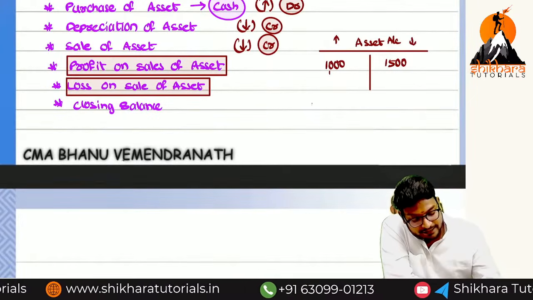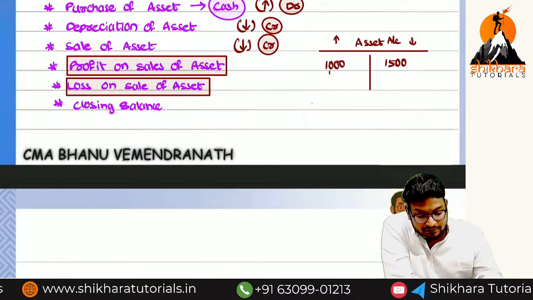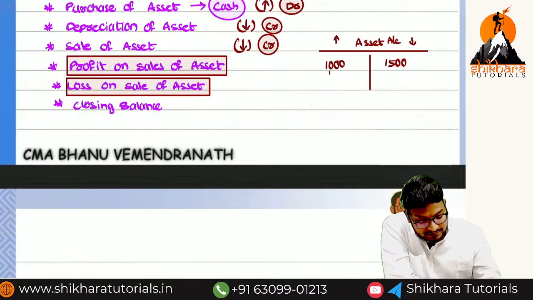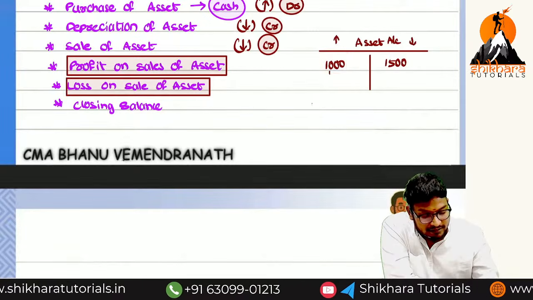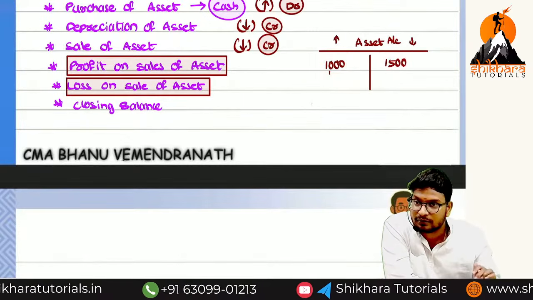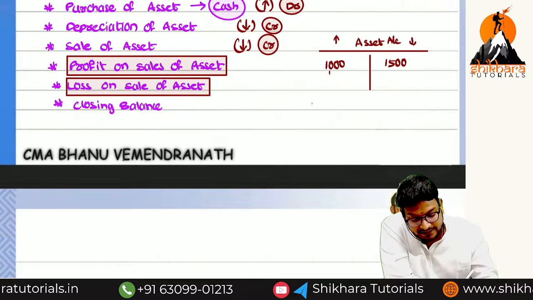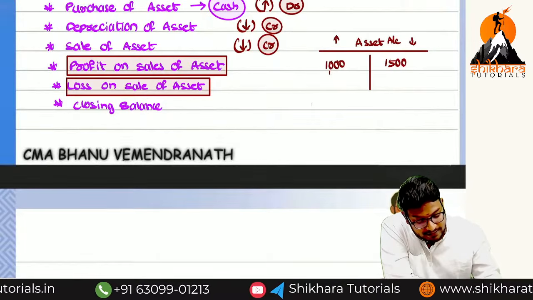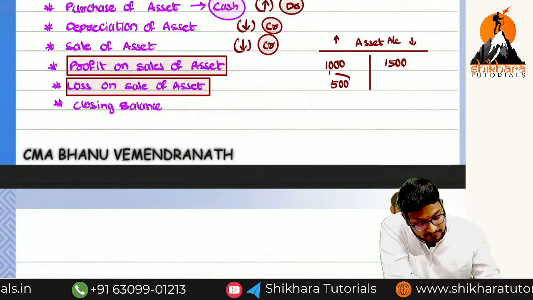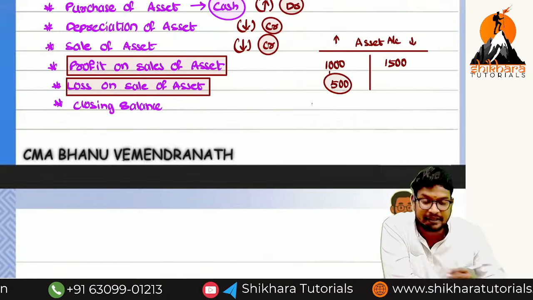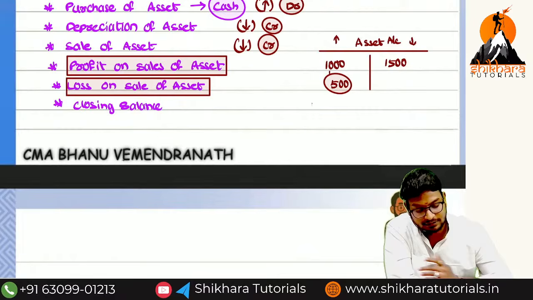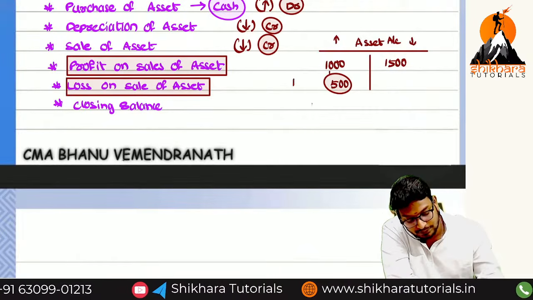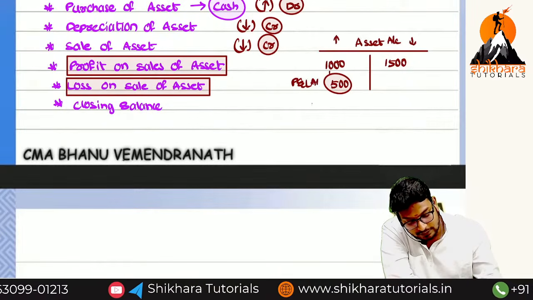Now, can you identify whether we are getting a profit or loss? Profit. Yes or no? Because the cost of asset is 1000. The sale value of asset is 1500. So we are getting a gain. So on which side is the balancing figure? Debit side. What is the meaning of this 500? Profit on sale of asset. So we have to transfer this to the profit and loss account.